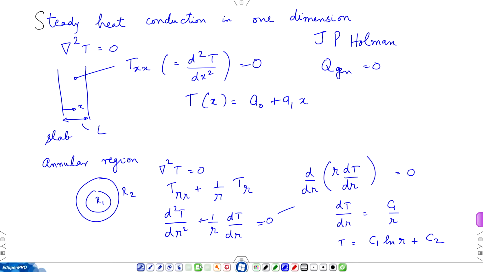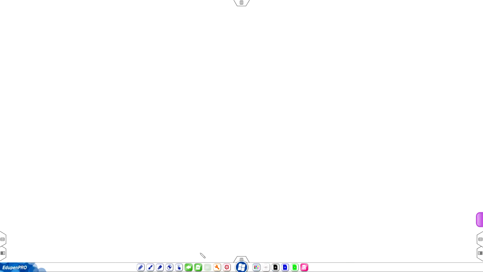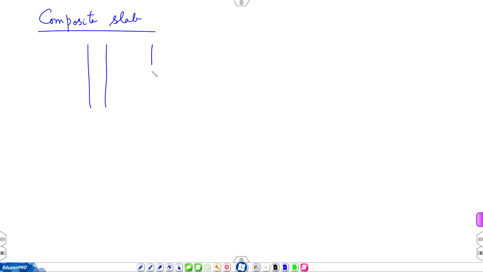Okay, we had an example of a composite slab. So, this is region 1, region 2 with some boundary conditions. Region 1 is given as K1, L1 and region 2 has thermal conductivity K2 and slab thickness L2. Let us say this is x.